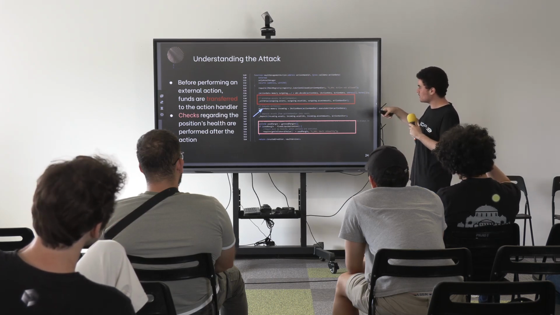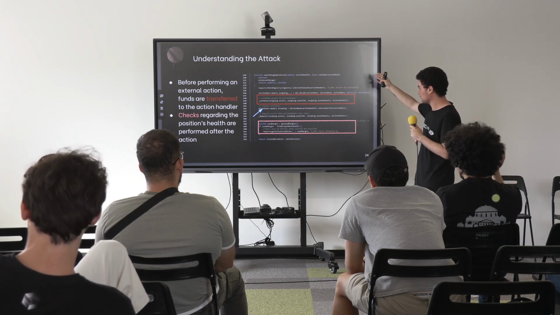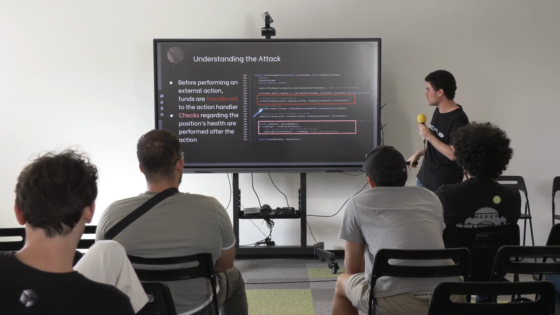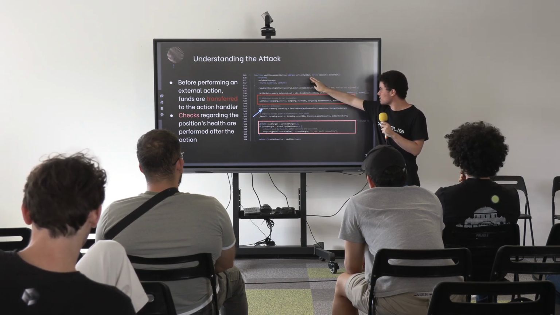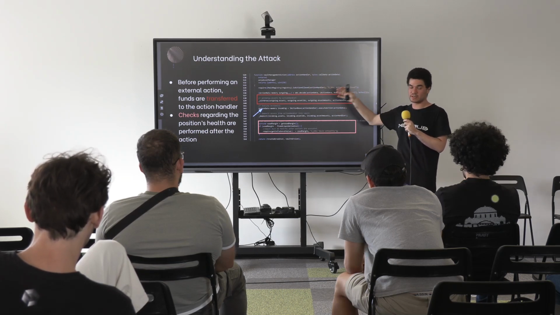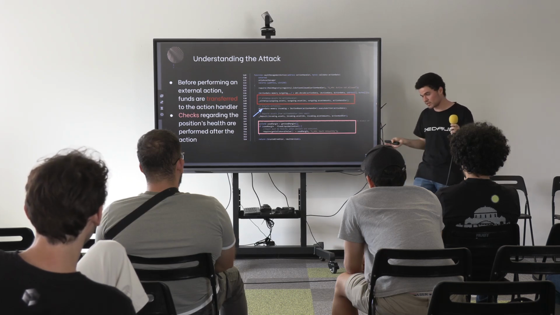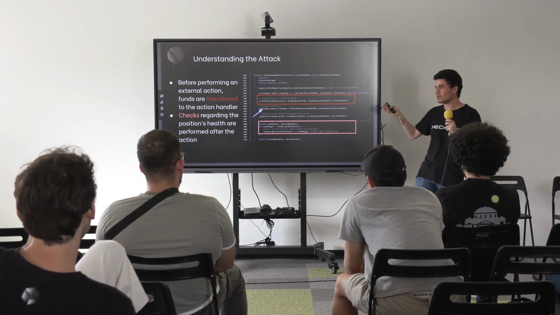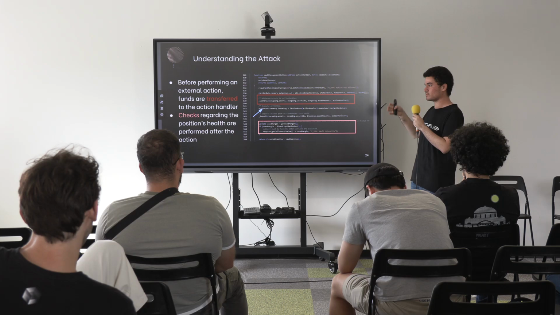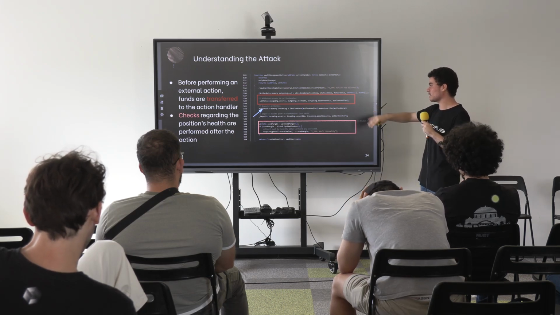So if we take a look at the code without messing with the details a lot, we can see that the user may provide an action handler. The action handler address is being checked because the protocol cannot trust you blindly to be calling into things. And then you're allowed to set up the state before performing the external call.